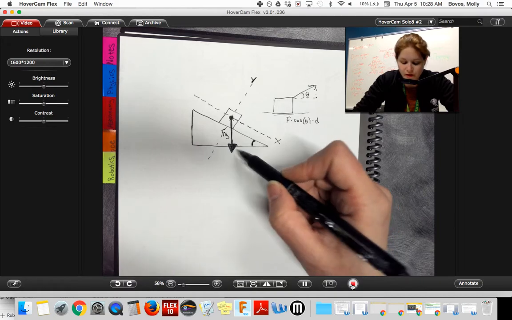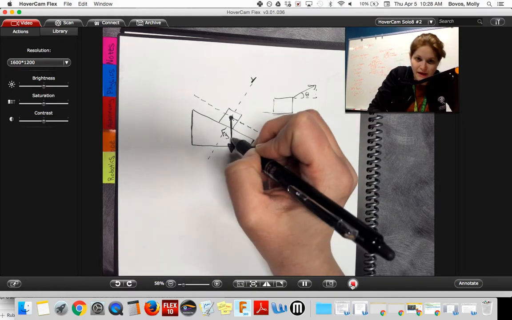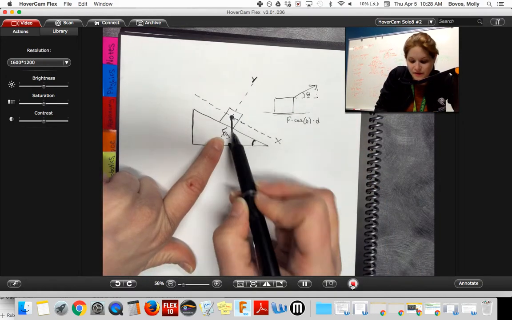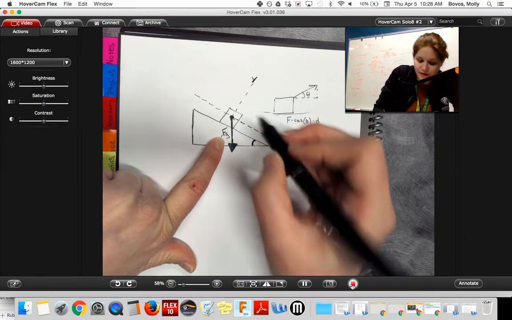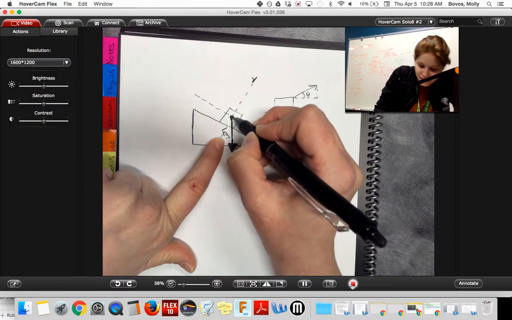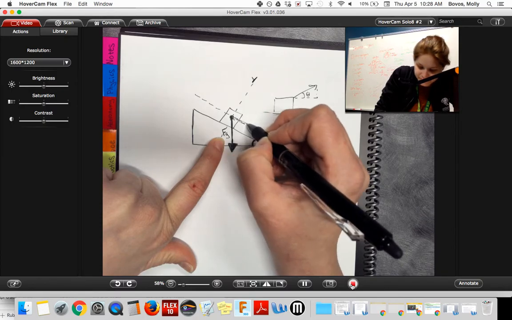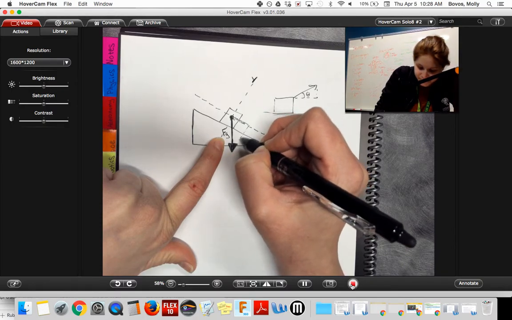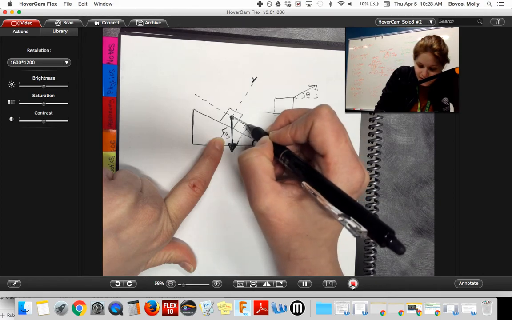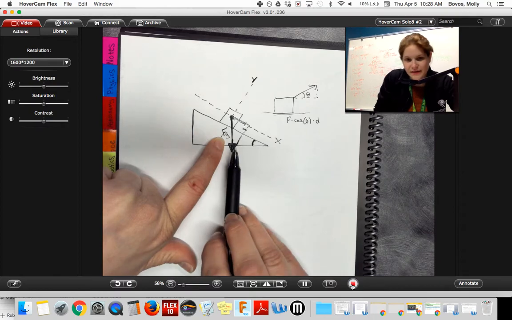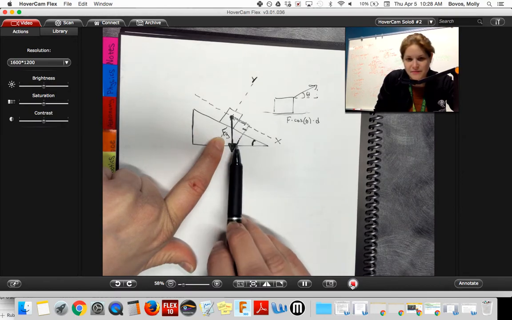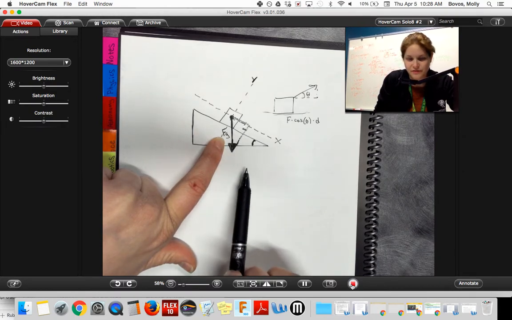We want to know how much of this weight is actually acting parallel to this surface. So what I want to show you guys is we can draw a triangle here, like this. And the right angle is going to be here. And now you might be thinking, okay, well that's nice, but I don't know any information about that triangle.